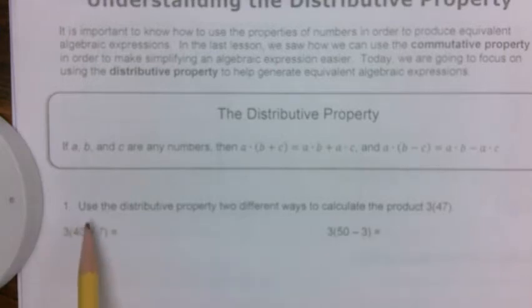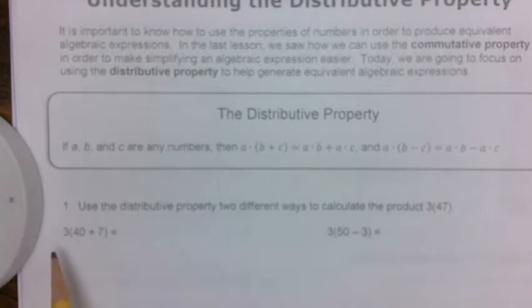In our first example, it says to use the distributive property two different ways to calculate the product of 3 times 47. We all know the algorithm for multiplying 3 times 47, but we're going to show how to make it a little easier by breaking 47 up two different ways. 47 can be written as the sum of 40 plus 7, or as the difference of 50 minus 3.